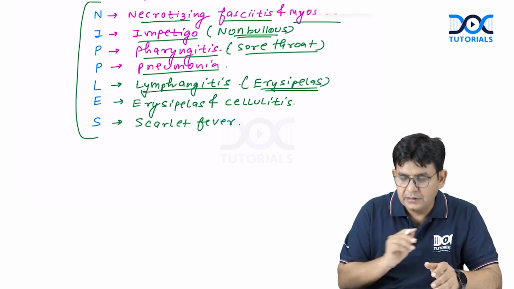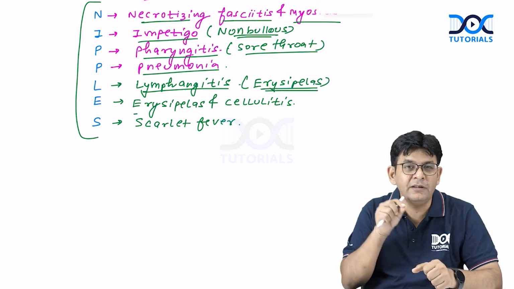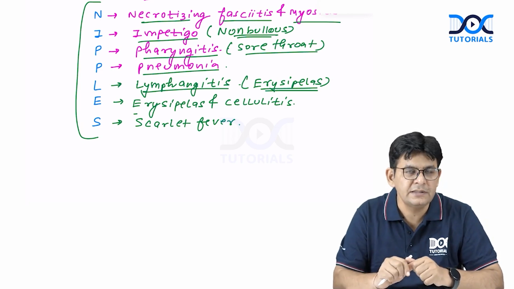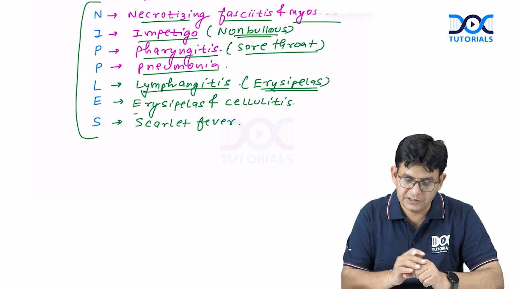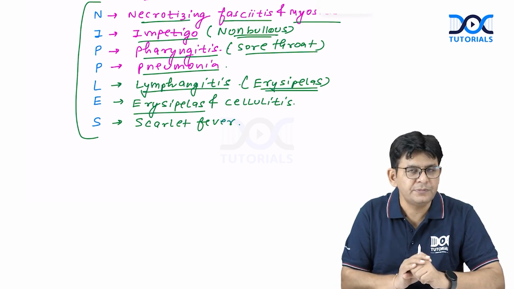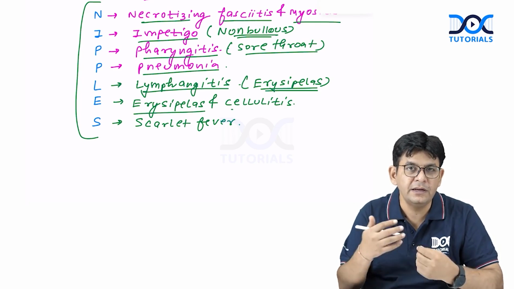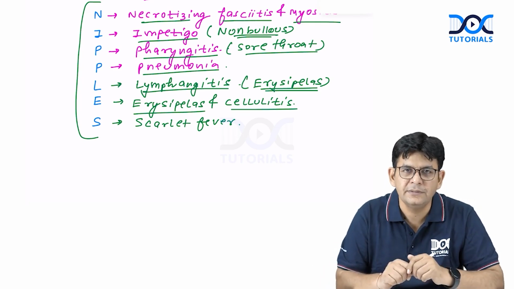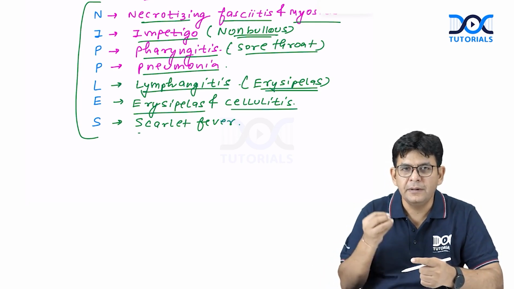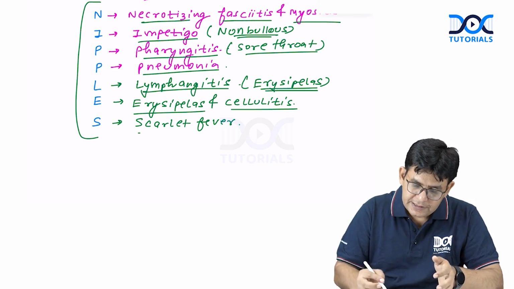This particular one is written in the next one also. The red colored streak along with the lymphatic involvement is what is termed as lymphangitis, and that is also done by Streptococcus pyogenes. This I have already told you: a pus condition along with lymphatic involvement, erysipelas and cellulitis, the same one, is a pyogenic condition. Scarlet fever.